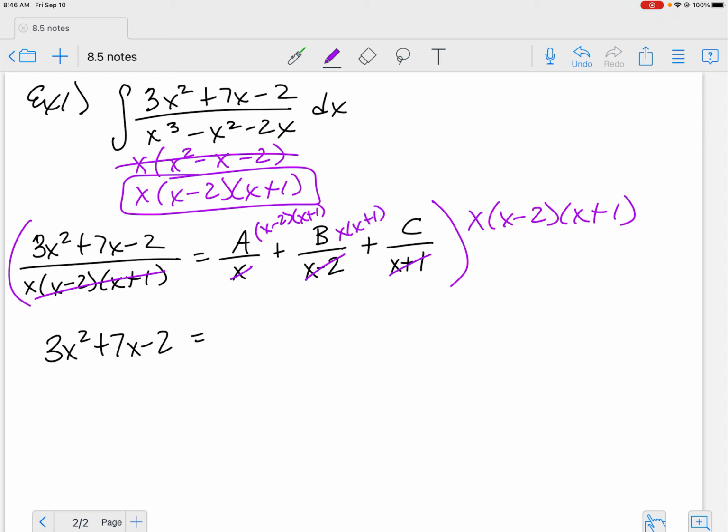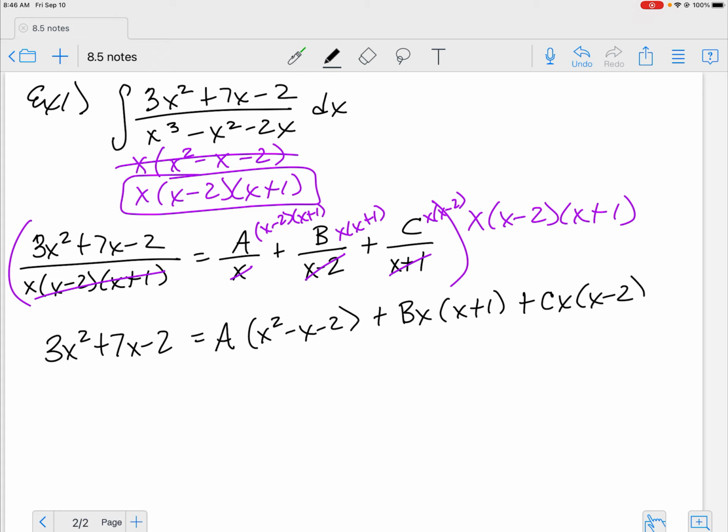For B, the x minus 2 cancels out, and I'm left with x times x plus 1. Do you see what's happening? For C, the x plus 1 cancels out. I'm left with x times x minus 2. So you're eliminating the fractions here. And now I have A times, and we're going to distribute this. So I have (x squared minus x minus 2) plus B x times (x plus 1) plus C x times (x minus 2).